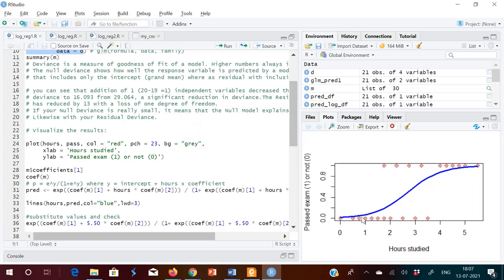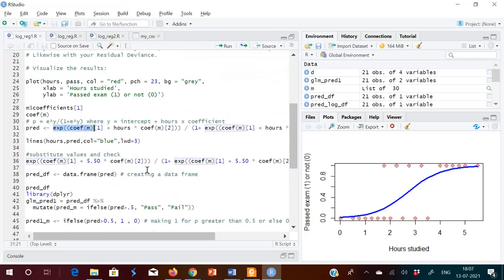Okay, probabilities. So it is going from 0 to 1, the probability. And then what we did, we used the equation and we predicted the probabilities. Okay, using the equation, we got the probabilities.